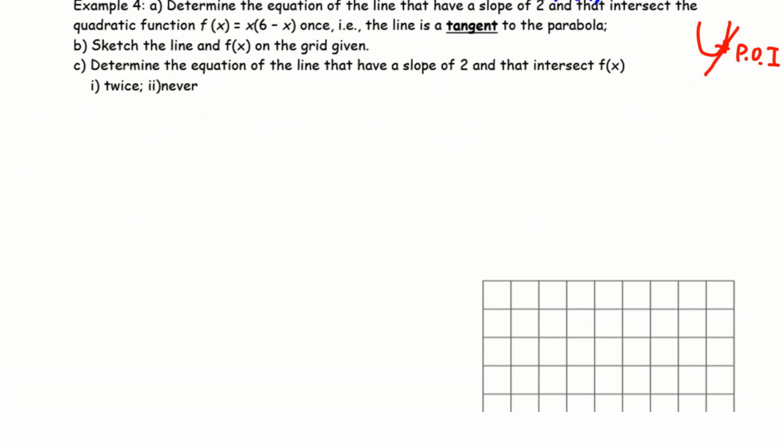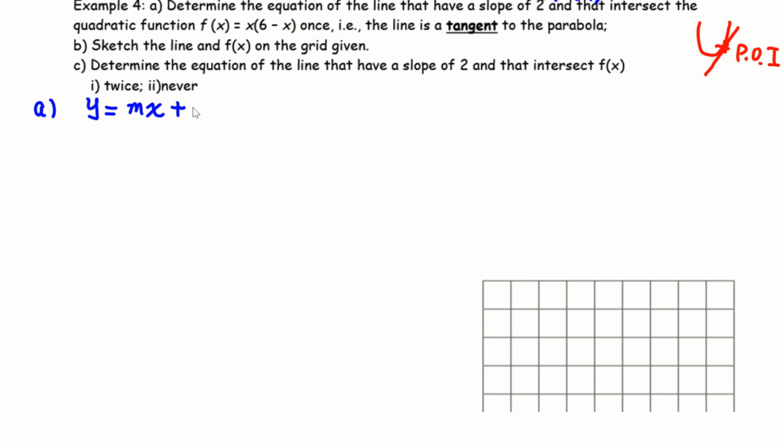Now we are going to see how we can use the number of zeros to determine the equation of the line that is a tangent to a parabola. The problem is f of x equals x times 6 minus x. In order to find the equation of a line, we could use y equals mx plus b, but because we have b squared minus 4ac, with abc in the quadratic equation, we do not want to use b.